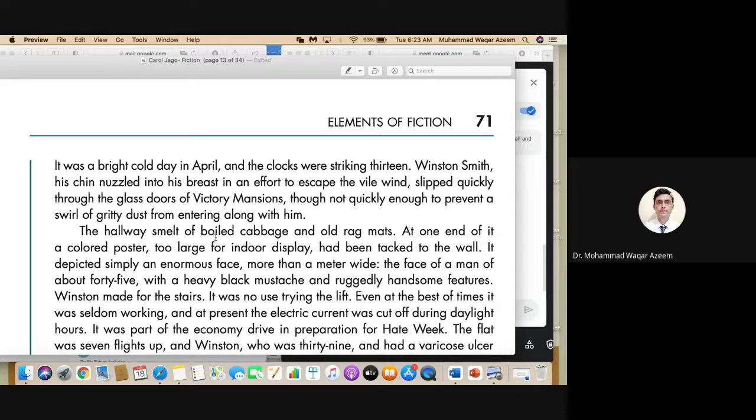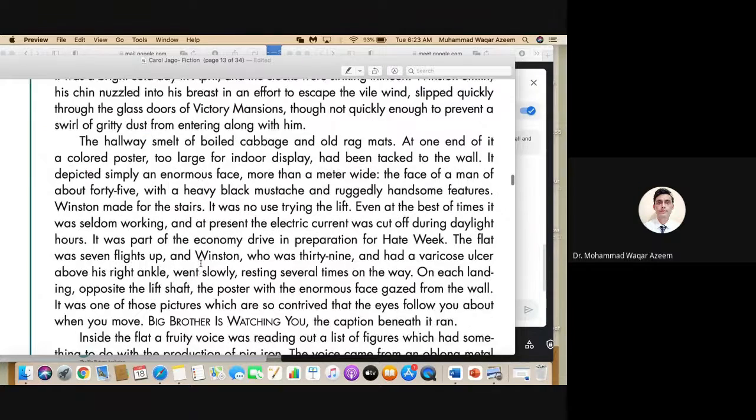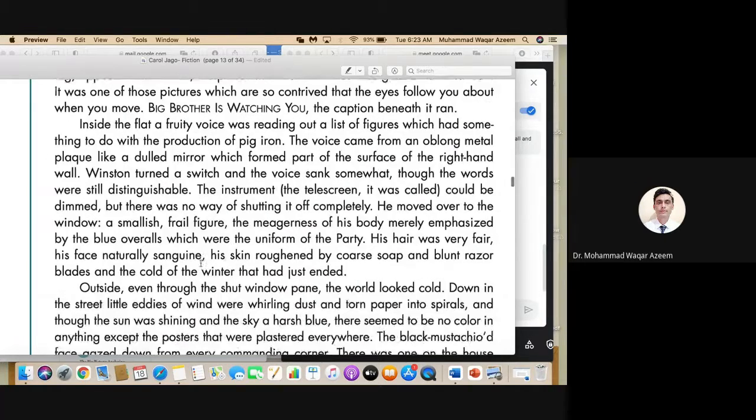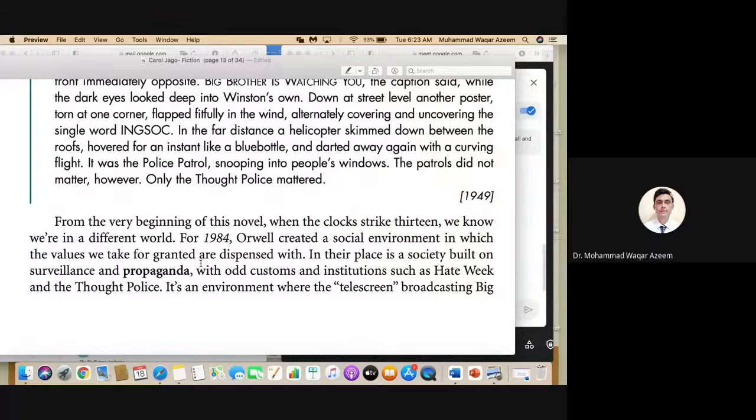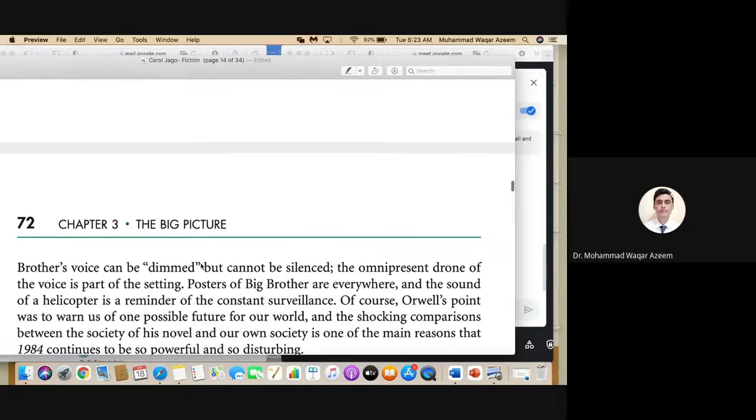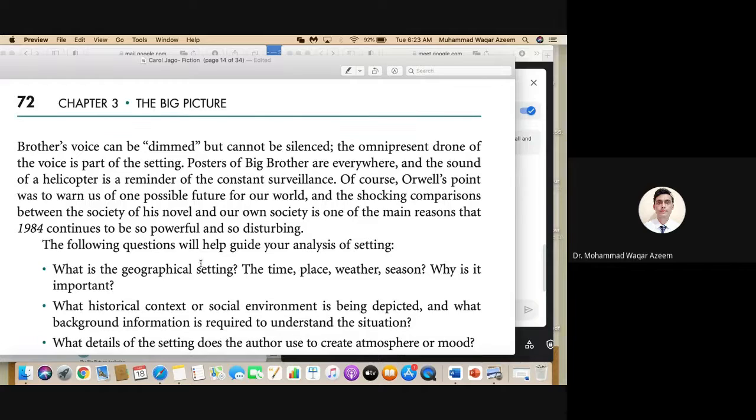This is a very interesting read. Those who have not read it yet, I would suggest they put it on their reading list. It's very easily available in all libraries. You might have a version online as well. It's a very interesting book to read.